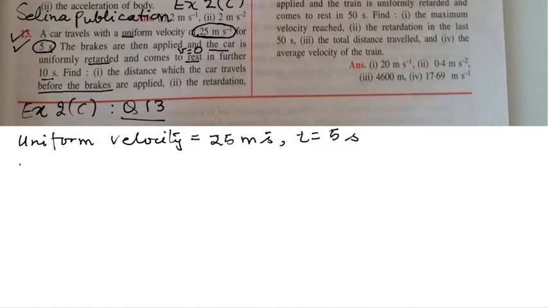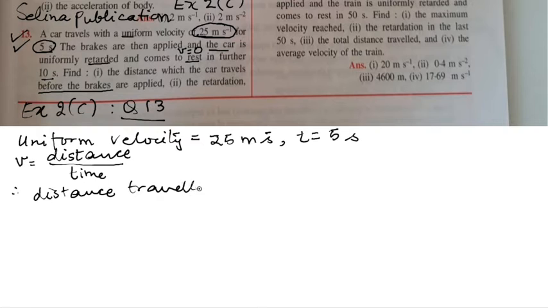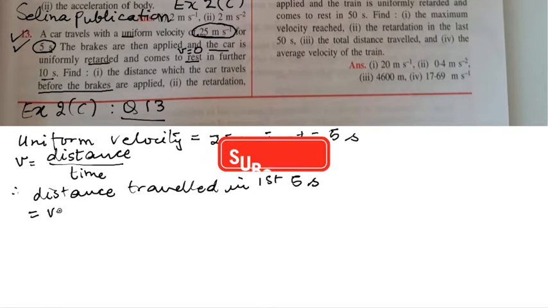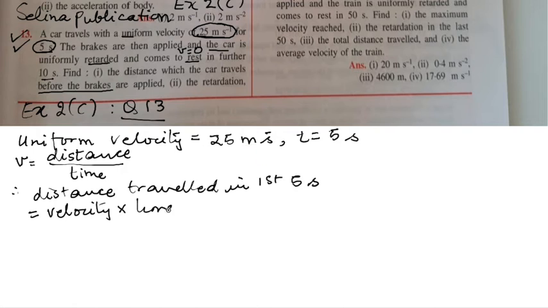Now if it's uniform velocity, then you will say that velocity is equal to distance upon time, and therefore our distance traveled in first 5 seconds will be equal to, distance will be velocity into time, which means we will take the velocity as 25 meter per second multiplied by time is 5 seconds.